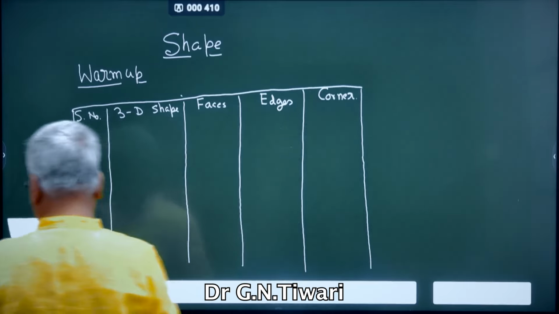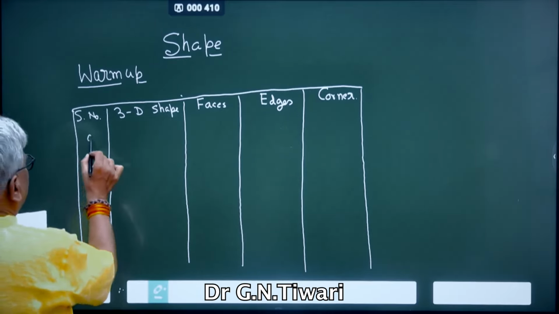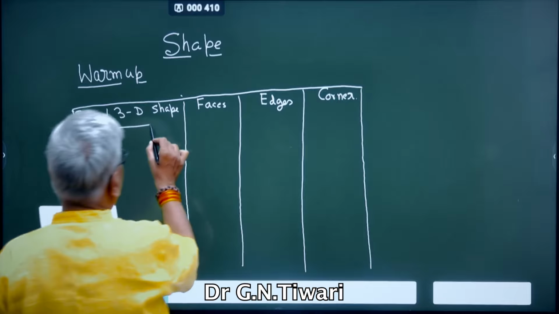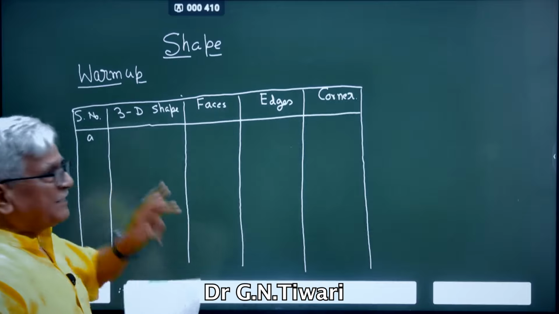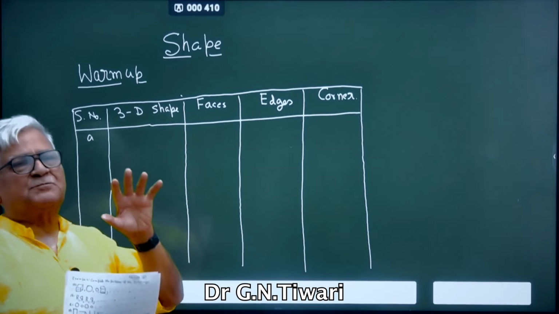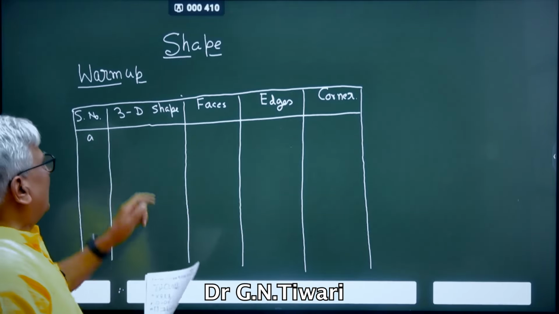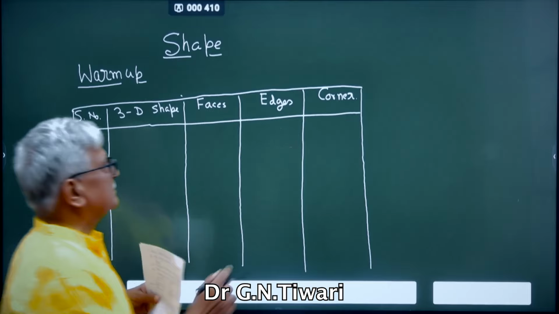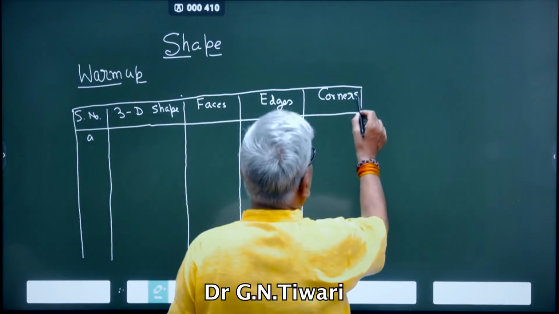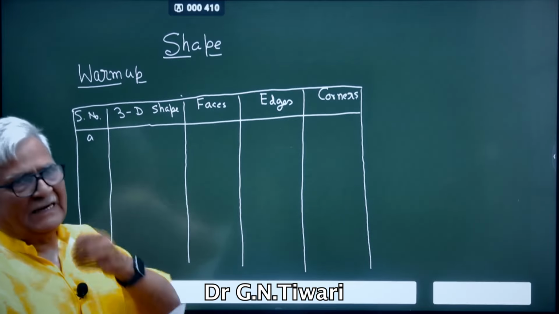Now see, A. It is very easy to explain the faces, edges, and corners for cube and cuboid.